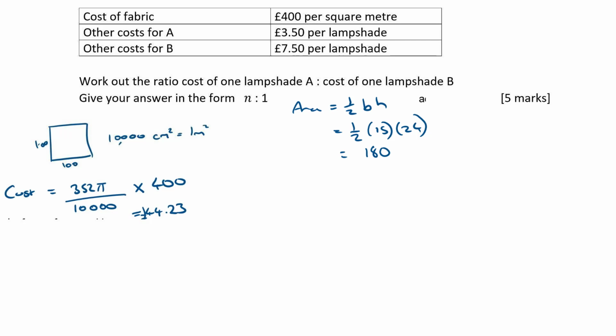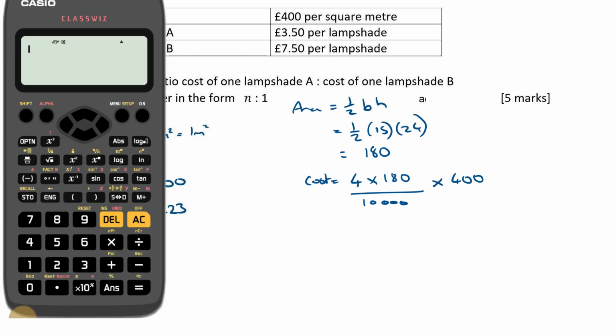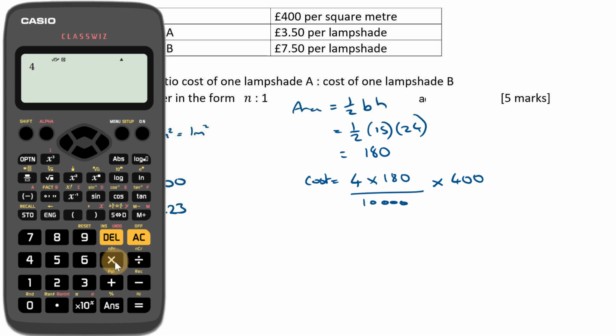So then the total cost of this lampshade is going to be my 4 triangles, 4 lots of 180, divided by 10,000, because that is in square centimeters and we want square meters, times by the cost of 1 square meter, which was the outrageous price of £400.